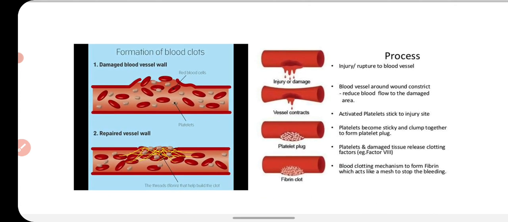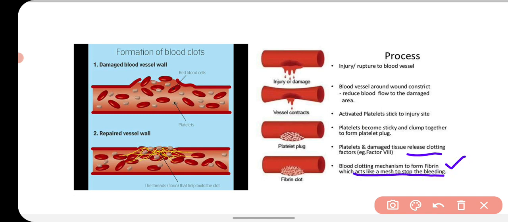So when our blood vessels get injured and rupture, the platelets stick to the injured site and release the clotting factor, the blood clotting mechanism, to form fibrin, which acts like a mesh to stop the bleeding.